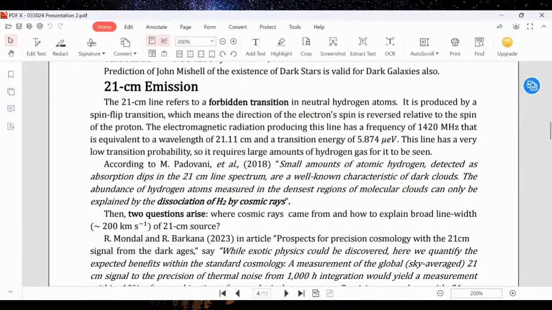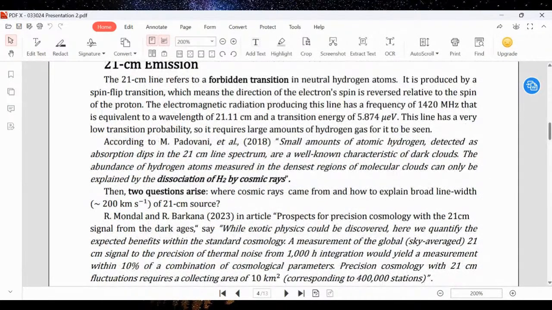21 centimeter emission. The 21 centimeter line refers to a forbidden transition in neutral hydrogen atoms. It is produced by a spin flip transition, which means the direction of electron spin is reversed relative to the spin of the proton.